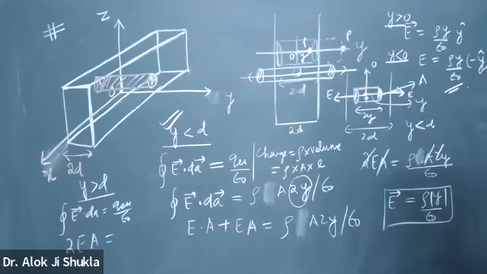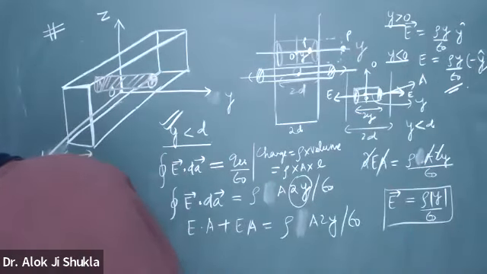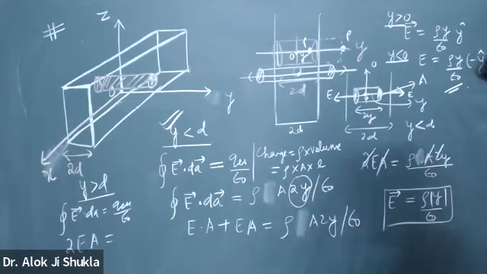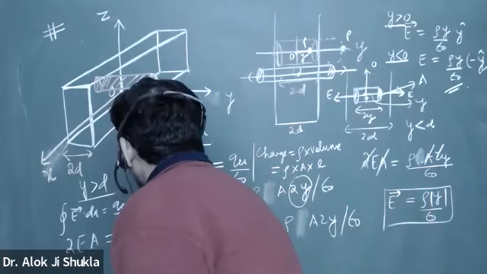And the charge is rho into 2A into 2d. So it will become 2EA equals 1 by epsilon naught rho into 2d.